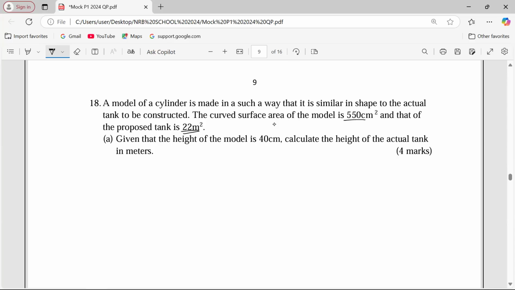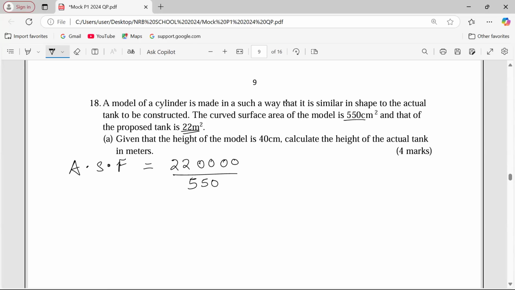So we first convert the units so that we may get the area scale factor. The area scale factor shall be 22, we multiply by 10,000 to get square centimeters, divided by 550.